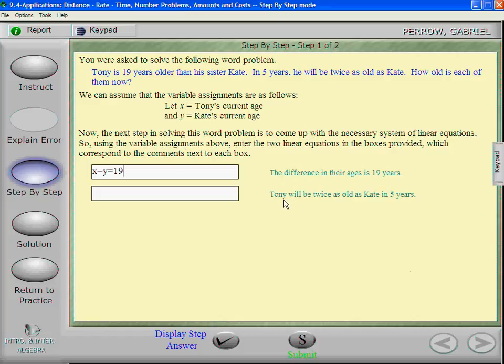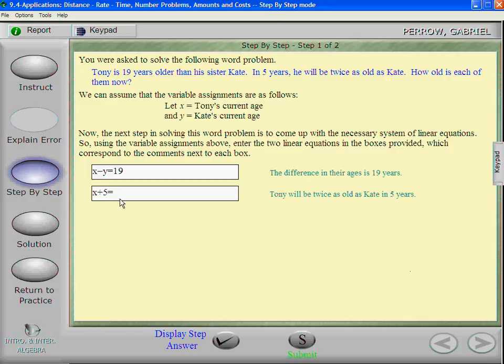The second one, Tony will be twice as old as Kate in 5 years. That one's a little bit weirder because if I take Tony, who's x, and I add 5 to his age, what we're suggesting is that it would take a doubling of the same thing for Kate in order to equal Tony.